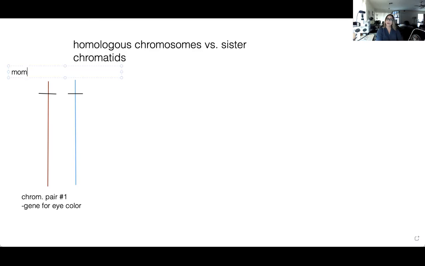Okay, all of these chromosomes are in your cell. It's just that red one came from your mom. Okay, and the blue one, which you probably guessed, comes from dad. Okay. Now, I told you that it contains the gene for eye color. So let's just say that mom has brown eyes. Okay.